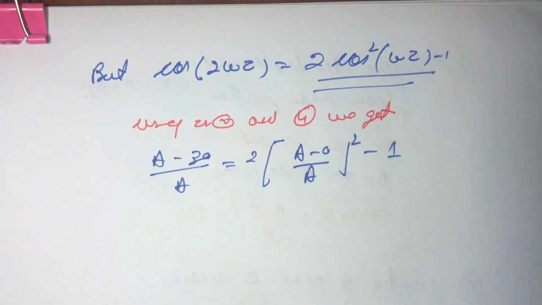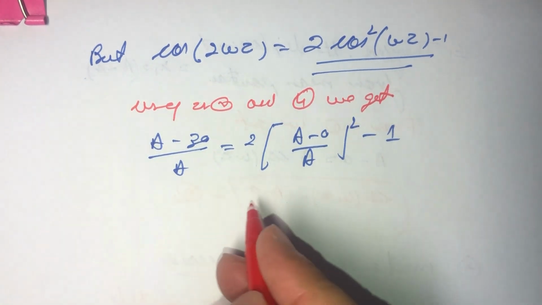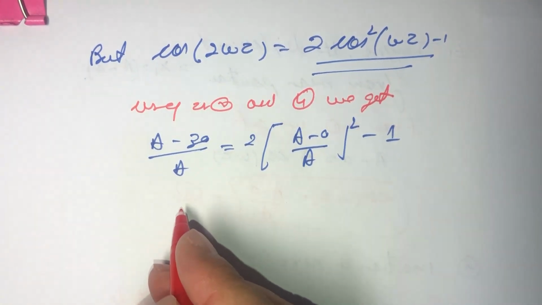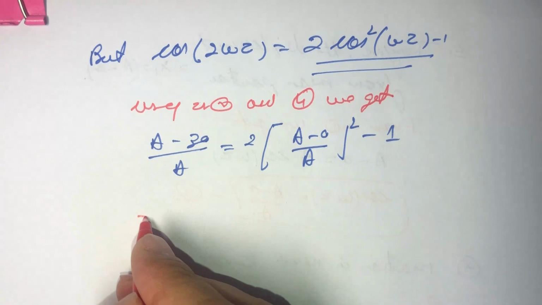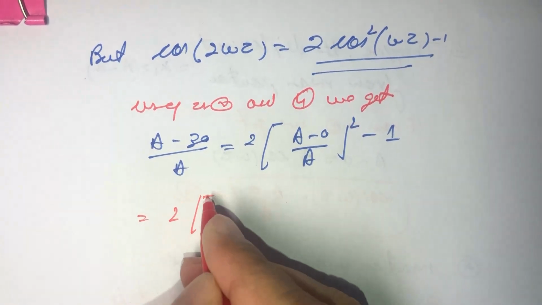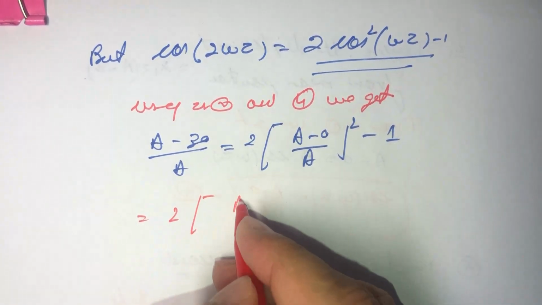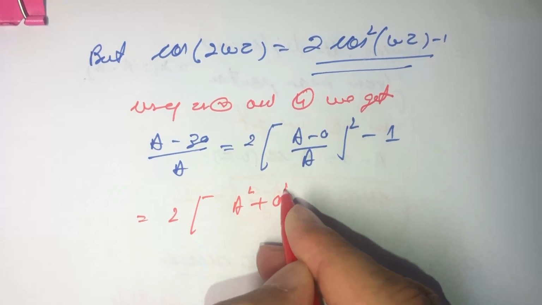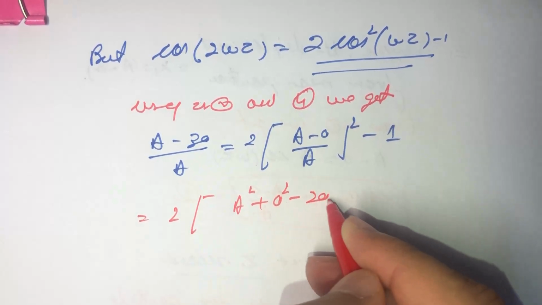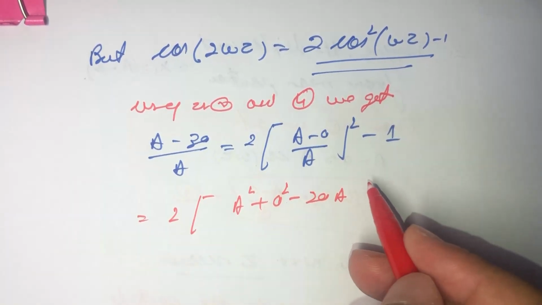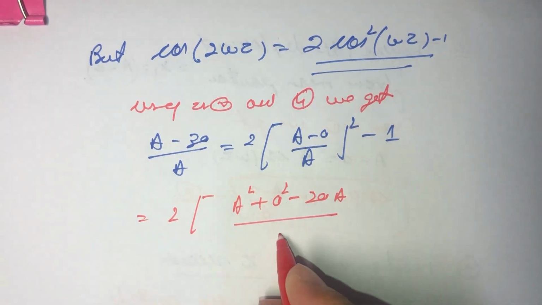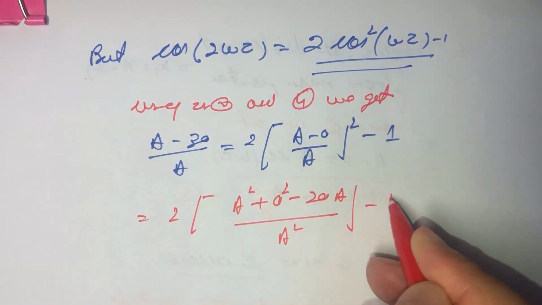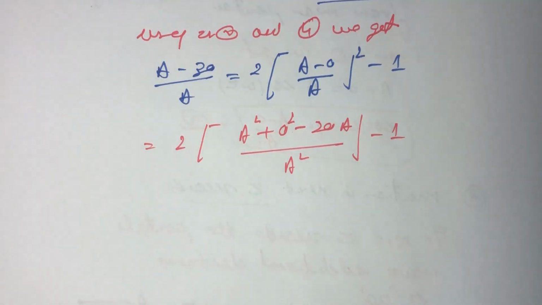Now it is a simple calculation. So we can write this as twice, opening the square, we get a square plus a square minus 2aa, divided by a square, minus 1.